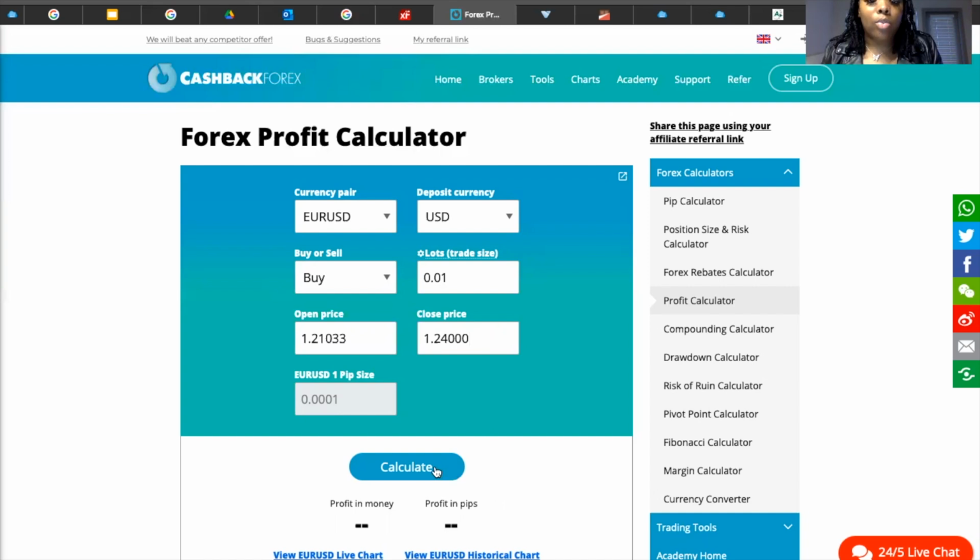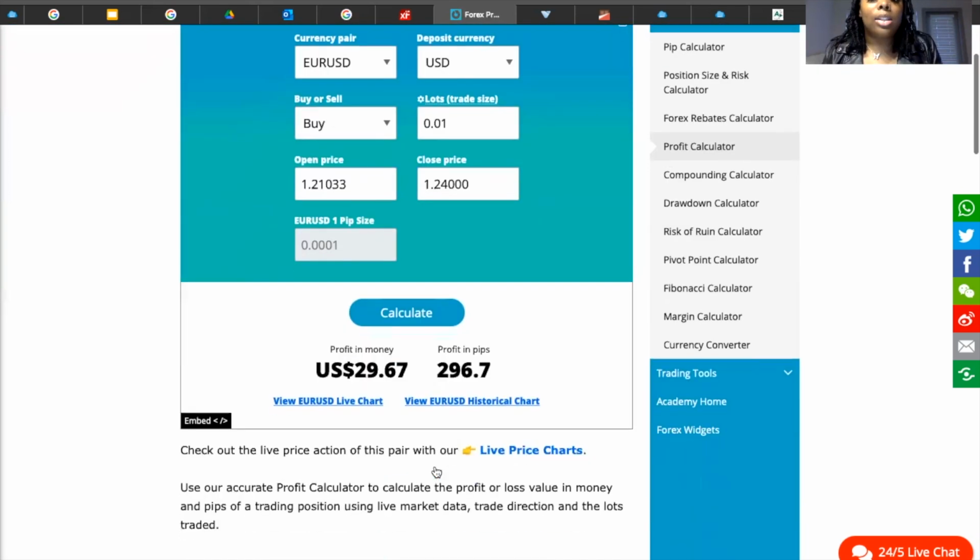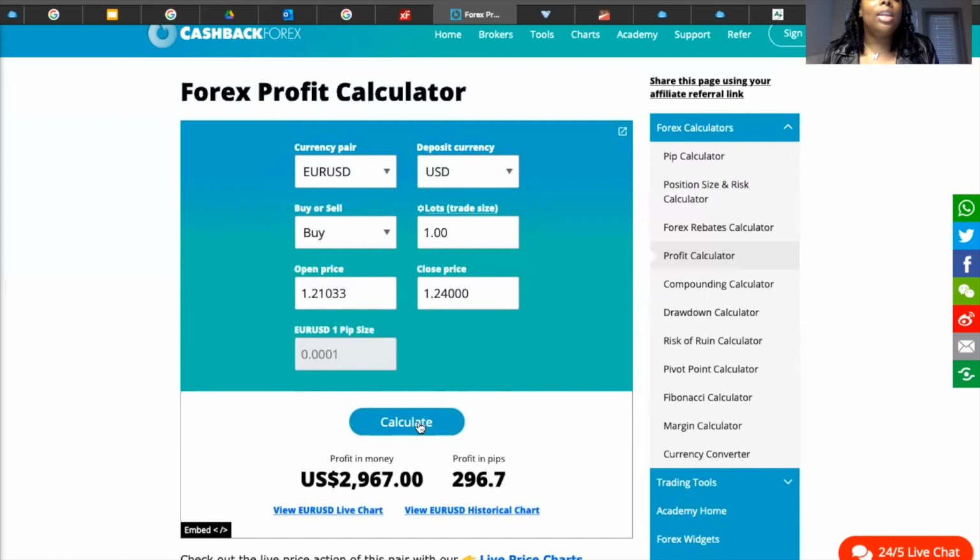Okay, and we're going to press calculate, and what it's going to tell me at the bottom is that profit in pips, I have gained 296 pips, whereas profit in my money is going to actually be close to $30.